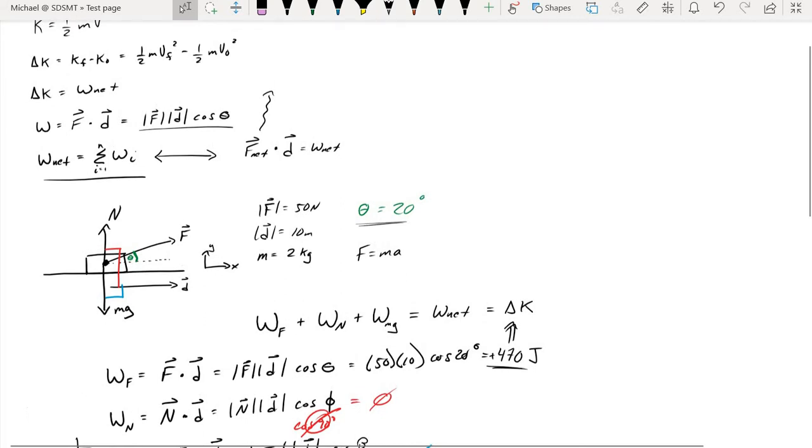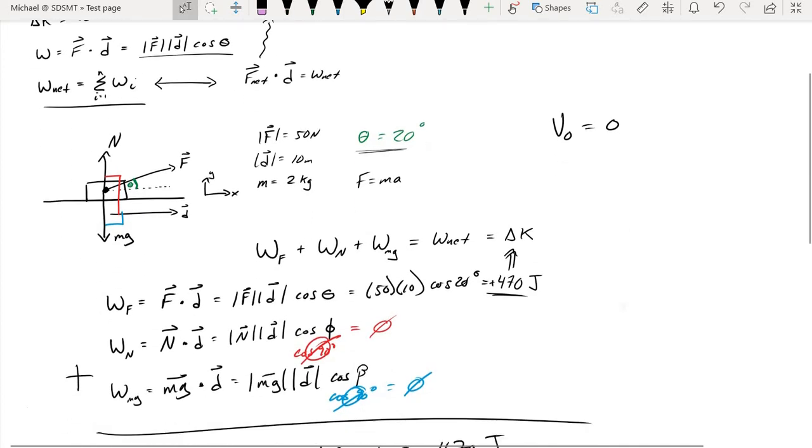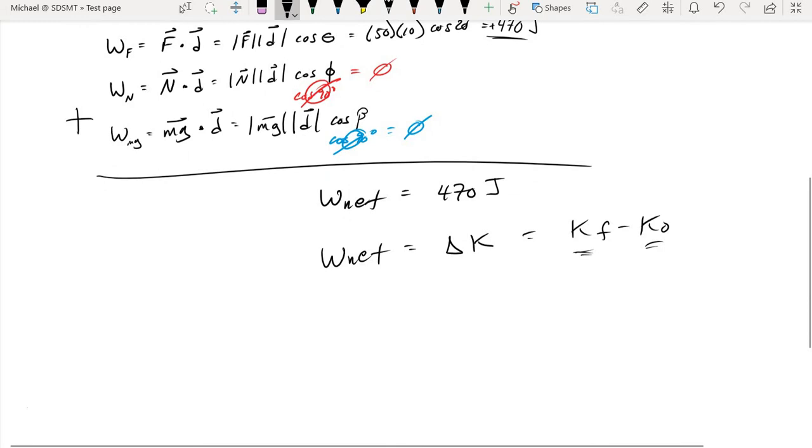And let's apply some values here. Let's say that our mass starts from rest. So we have 0 for the initial velocity. But if the initial velocity is 0, that means that the initial kinetic energy is 0. If the initial kinetic energy is 0, then the final kinetic energy has to be the value of the work that is done.